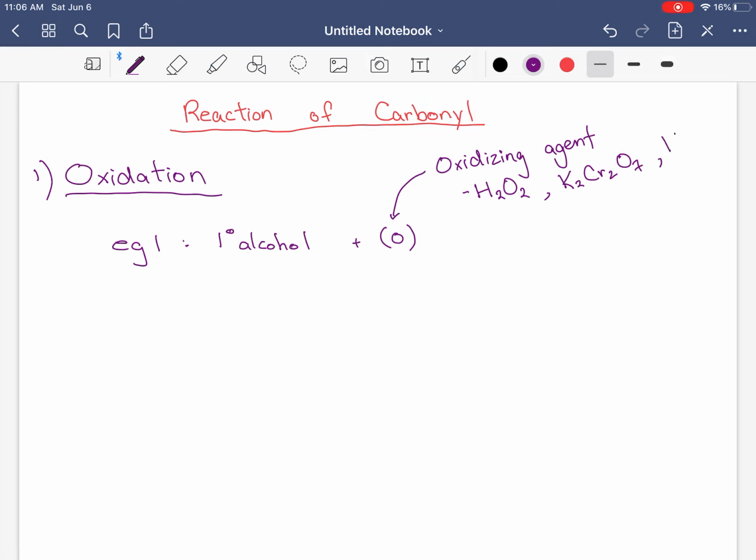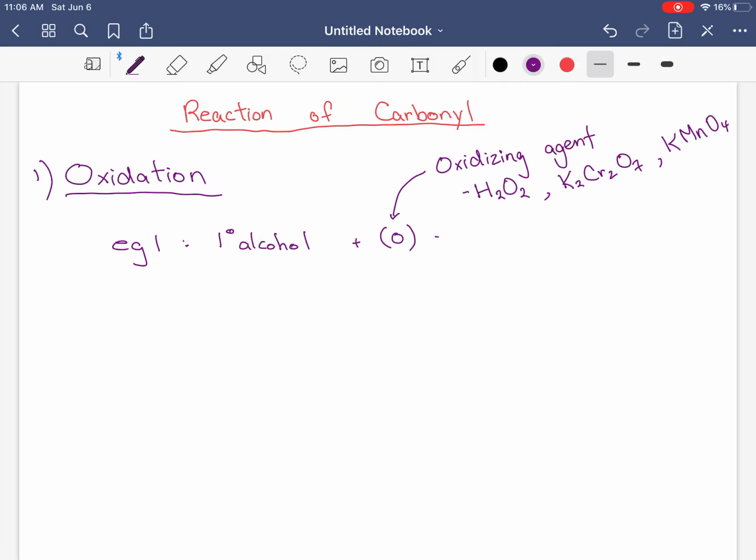And we have potassium permanganate. These are all popular oxidizing agents that you'll see quite accessible in most laboratories. Even ours, we have lots of potassium permanganate and lots of hydrogen peroxide. Potassium dichromate, not so much.